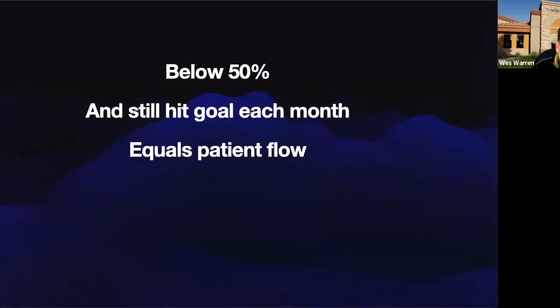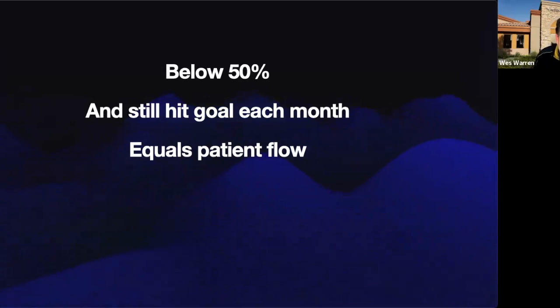Now, if you're below that number, but you still hit your goal every month, meaning as you track this stat you're constantly at 40%, 39%, 42%, 44%, 35%, but by the end of the month you always kind of hit your goal, your focus should really be on getting more patients into the practice.